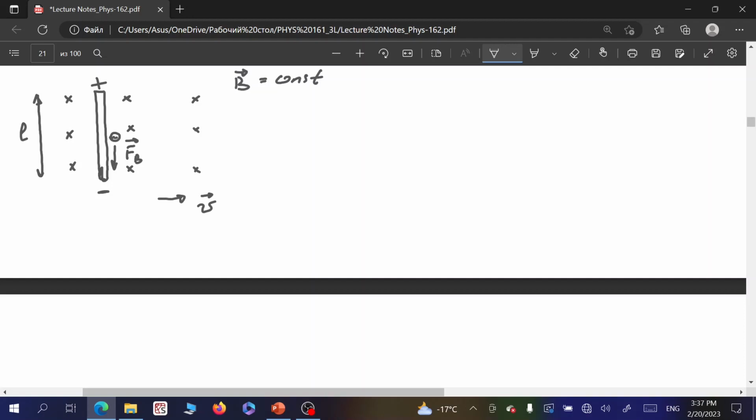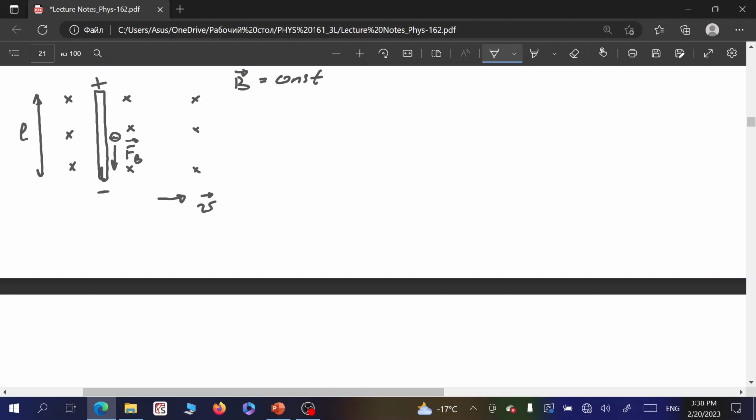Correct, they are everywhere, but there will be some uncompensated space charge created by these positively charged ions, whose charge will not be compensated by electrons, because here we have some excessive amount of electrons, here we have less. So this is uncompensated positive space charge created by uncompensated positive ions in the crystal lattice of this metal.